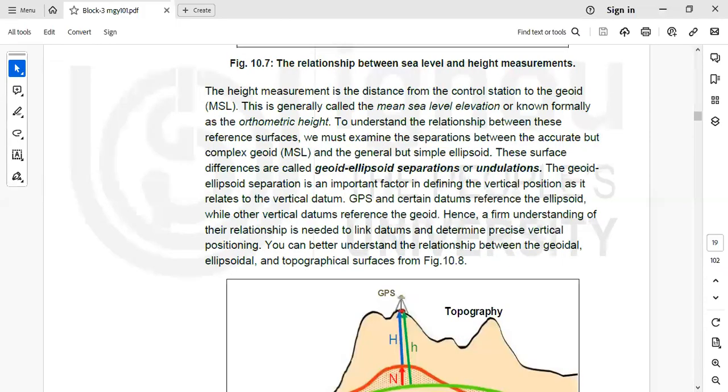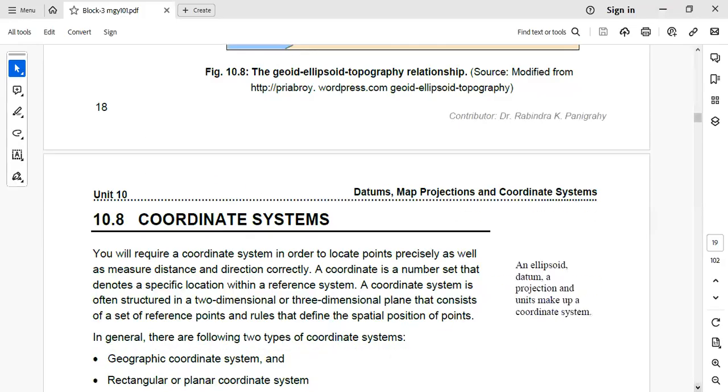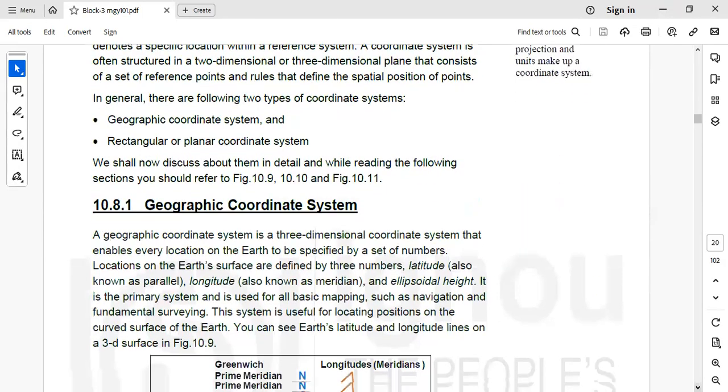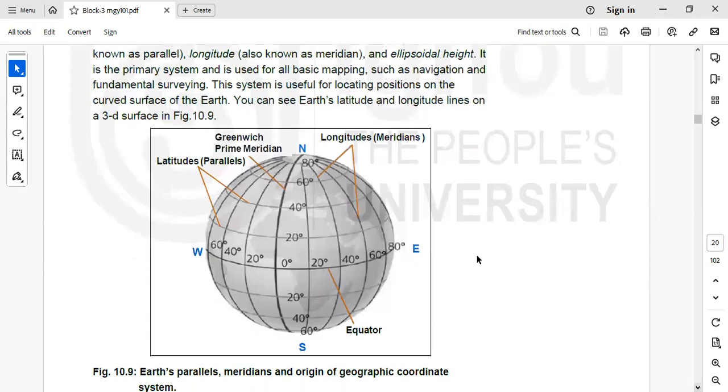So another is the coordinate system. The coordinate system is very important, and it is very interesting. It is very important because the coordinates, which consist of latitude and longitude, are used to represent the location of any object on the Earth's surface.